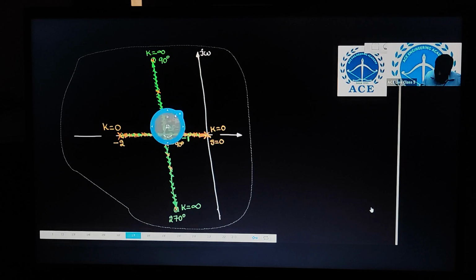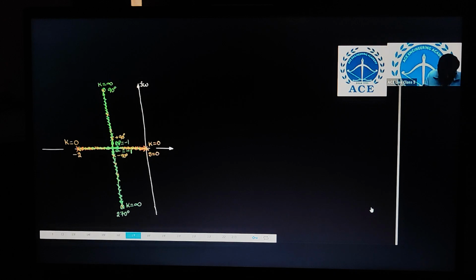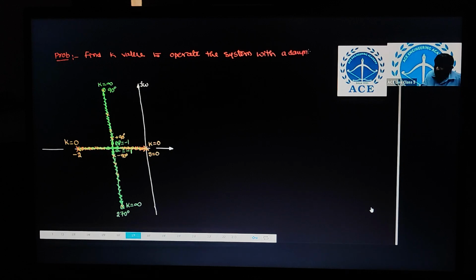So one more question they used to ask is, the examiner will give a root locus diagram, and they'll ask a question like this: find the K value to operate the system with a damping ratio of 0.707, or some angle they'll ask.